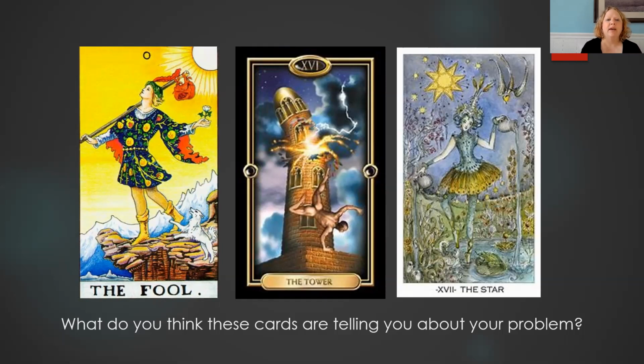It was more that if he asked his client to think of a problem that they were having and they drew out three cards, if he asked them to interpret their problem through what the cards were telling them, he could actually begin to learn much more about his client, how they viewed their problem, how they saw themselves, how they saw the world, others in their life. So it wasn't so much about whether or not the tarot cards work, it's about the individual's interpretation of what they see.